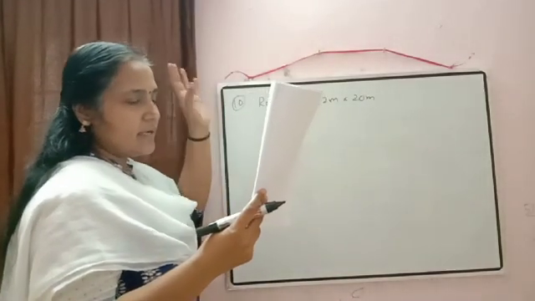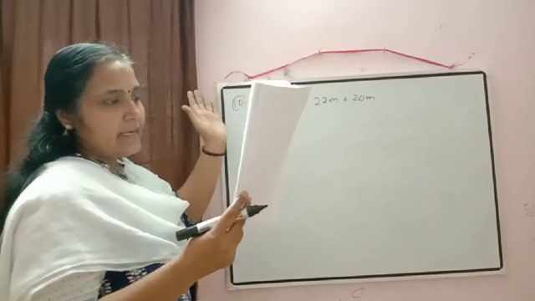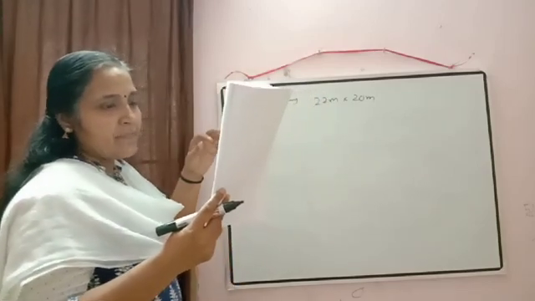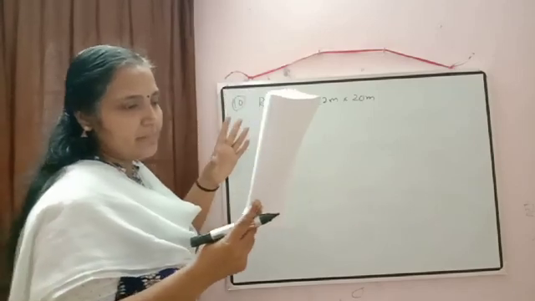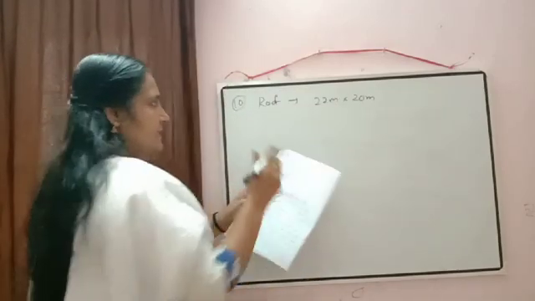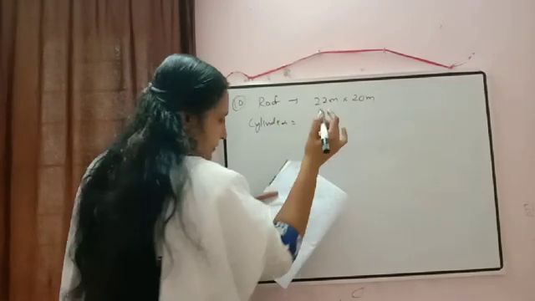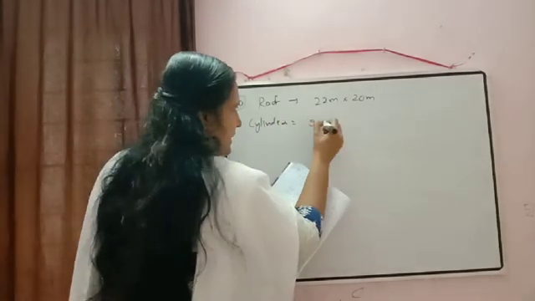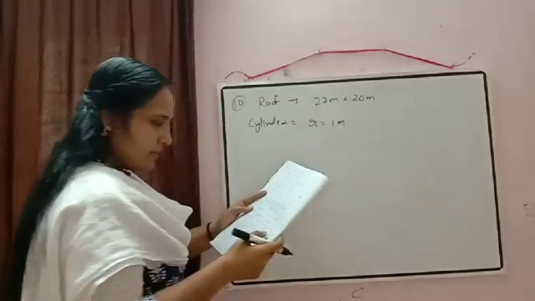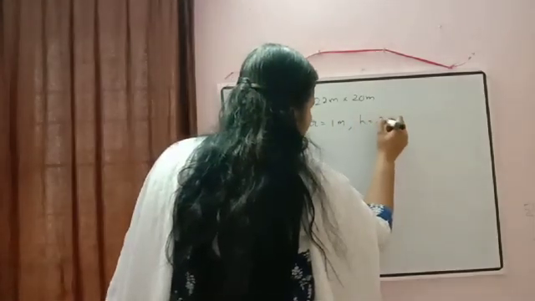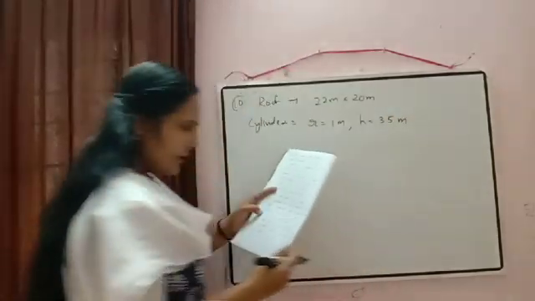So whatever water is collected in the roof, we are dropping it into a cylindrical vessel having a base diameter of 2 meter. So for the cylinder, diameter is equal to 2 meter, so radius will be equal to 1 meter, and height is 3.5 meter.